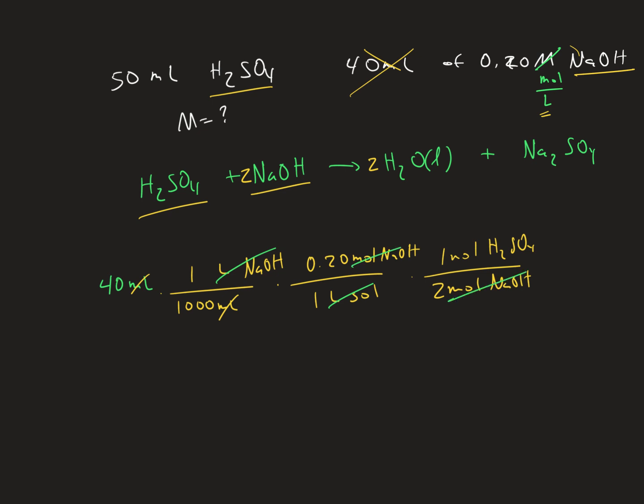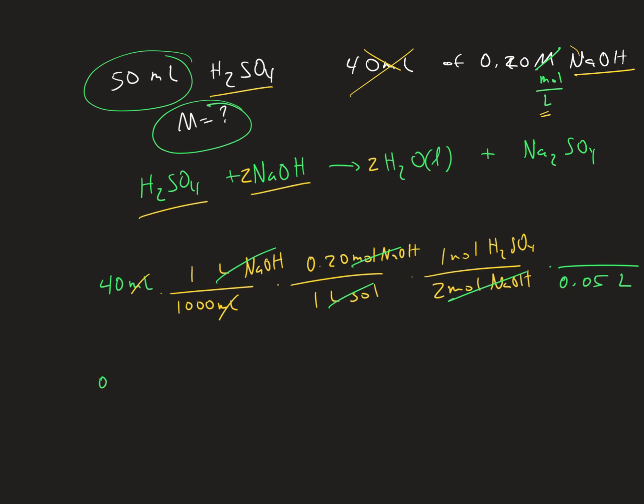And now we have moles, but we're looking for molarity, so I can just divide by liters. I can convert that to liters first, or I can just throw it in the mix, whatever you'd like. 50 milliliters is the same as 0.05 liters.